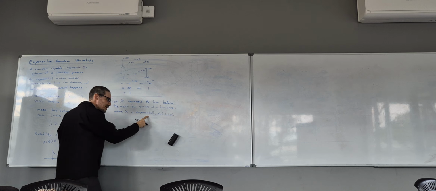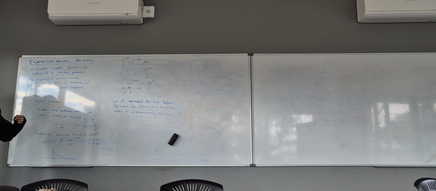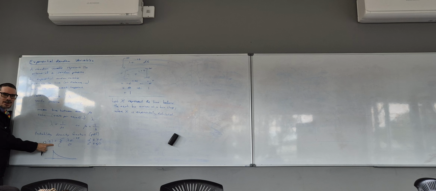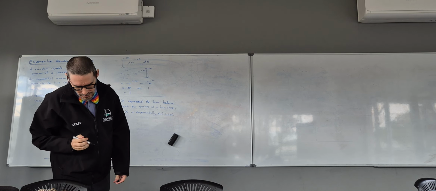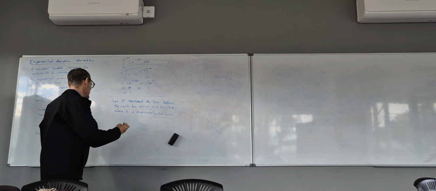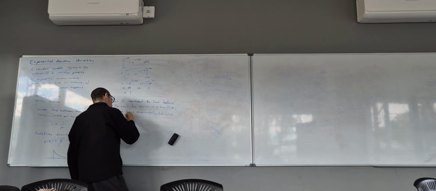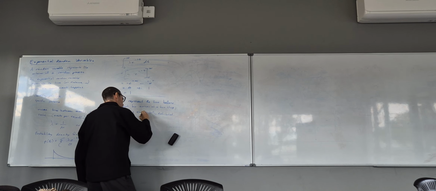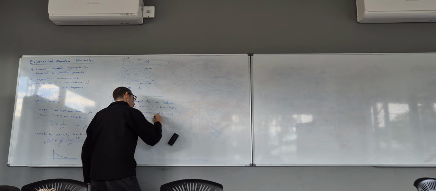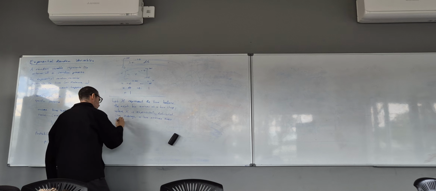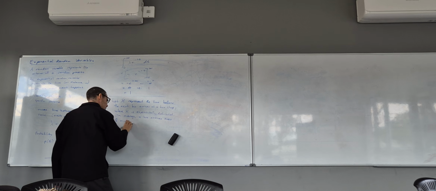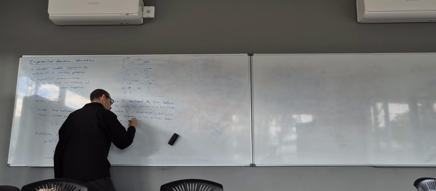You'll see language like this, exponentially distributed, or you might see language that says it's an exponential random variable, or words like that. Does that just mean it fits into that? That means this is going to be what my probability density function looks like, yes. And they might tell you, on average, a bus arrives every 8 minutes.